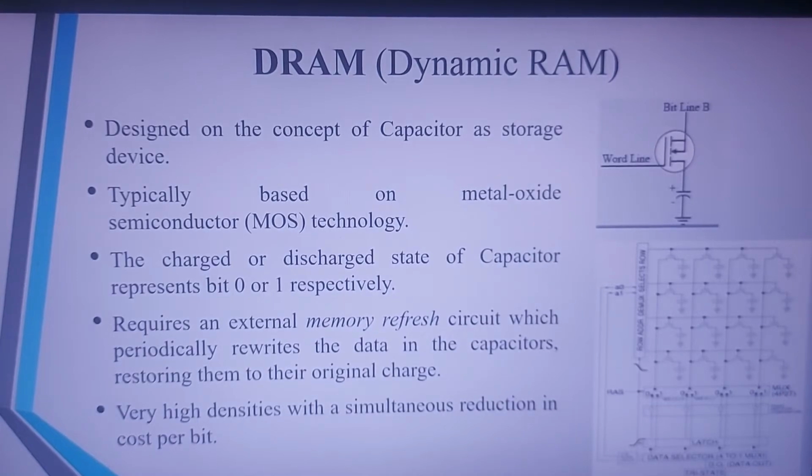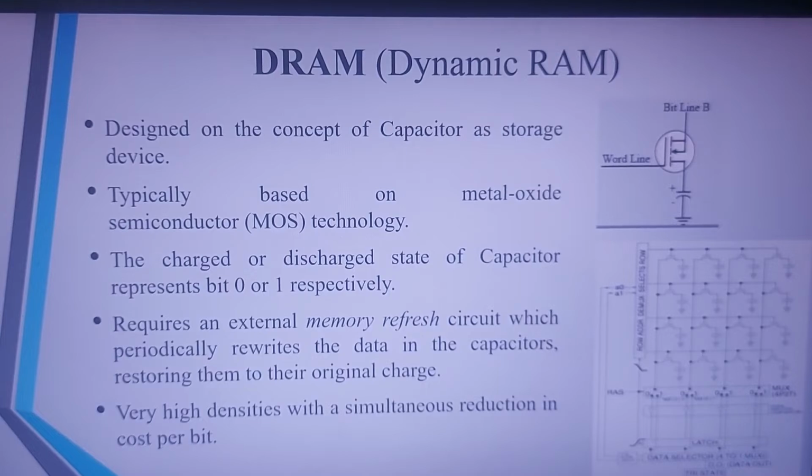Even capacitors are sometimes implemented using a transistor itself. But here, if you observe the matrix of these cells, each cell has only two components, one transistor and one capacitor.